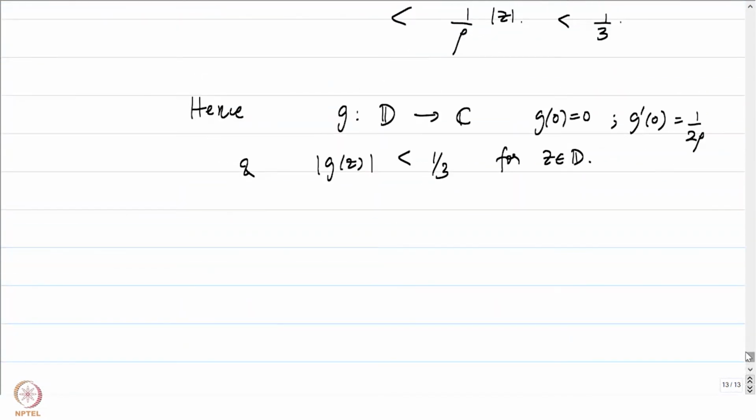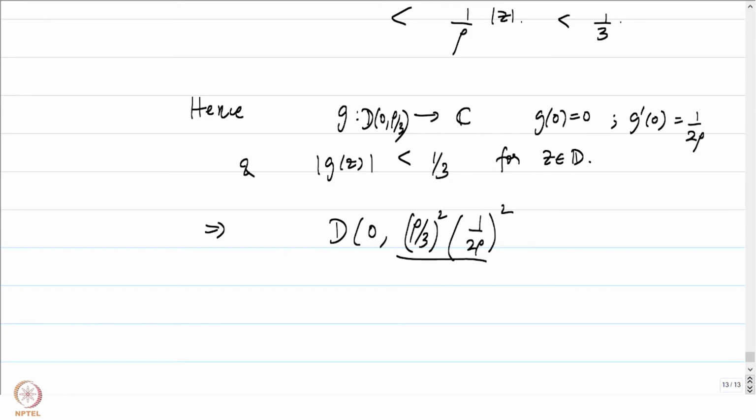Yeah, so this is a slight mistake. This is from d0 rho by 3, right? So this tells us that d0, what is r square here? Rho by 3 the whole square, r square mu square. Mu square is 1 by 2 rho the whole square by 6 times 1 by 3.